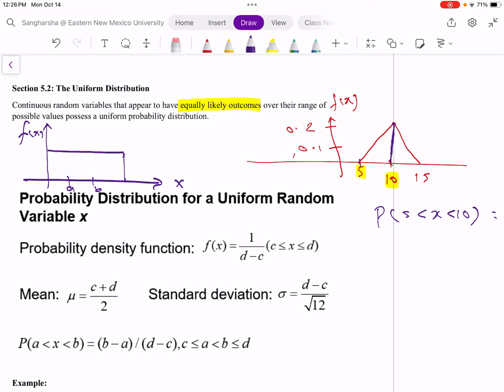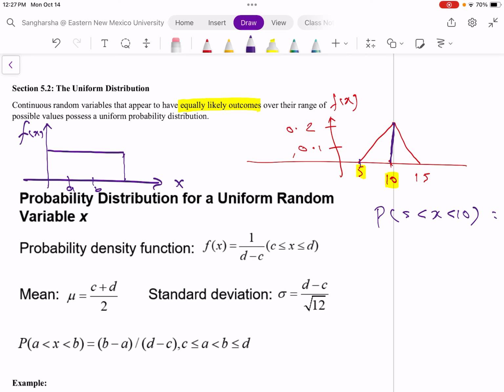How are they related? They are the same, right? But in our triangular density function, what is the height of our function at 5 and 10? Are they the same? The height of our function at 5 is 0 and the height of the function at 10 is 0.2, right? But in this function, the height is the same.